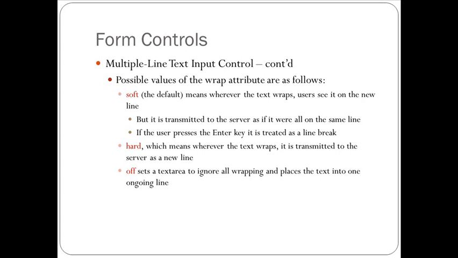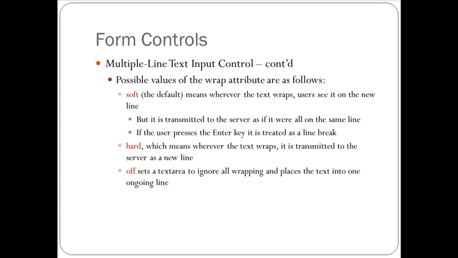But it's transmitted to the server as if it was all one line. Okay? So even though it wraps to another line, when it goes to the server, it's going to see it as one huge gigantic line. However, if the user presses the enter key, it would be treated as a line break, and that line break would be sent to the server as well.